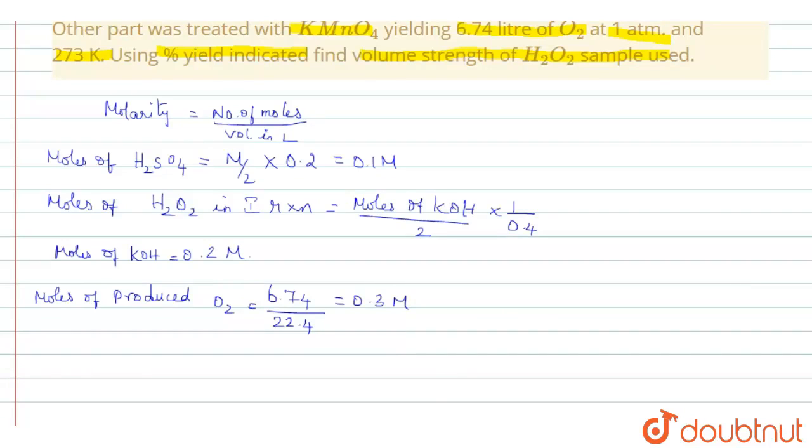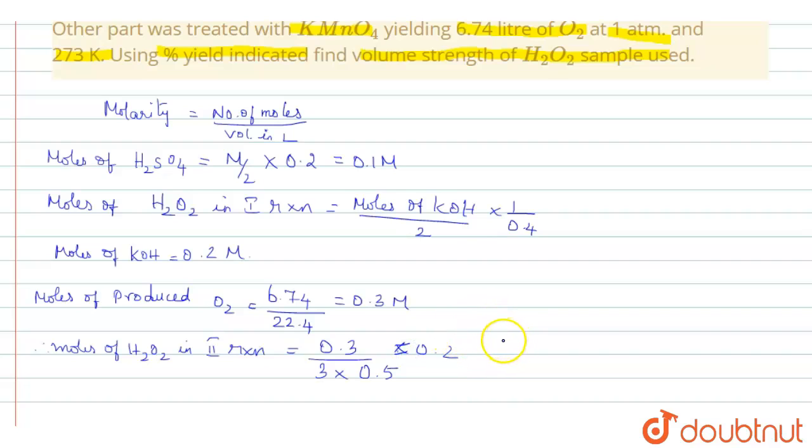Therefore the moles of H2O2 in the second part of the reaction, in the second reaction, I can write very well that 0.3 divided by, that is the moles of oxygen into 3 moles of oxygen they have written, so it will be equal to 0.2 molar. So 0.2 molar I have written.